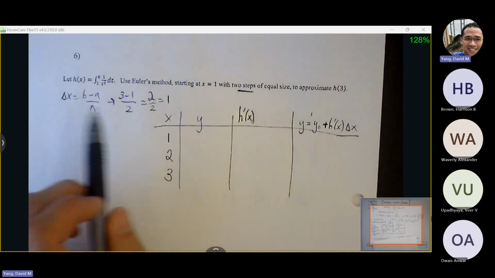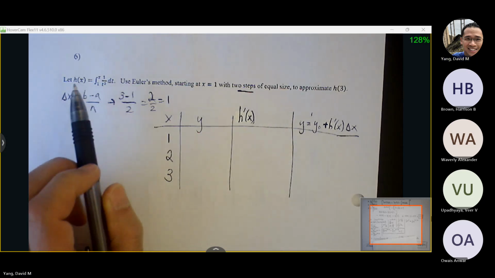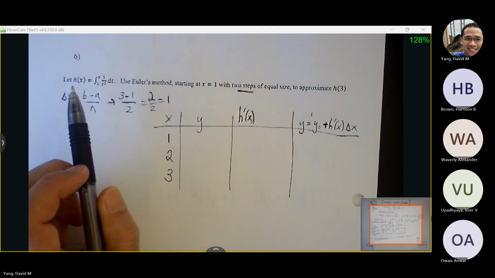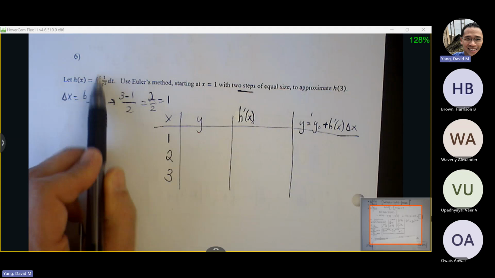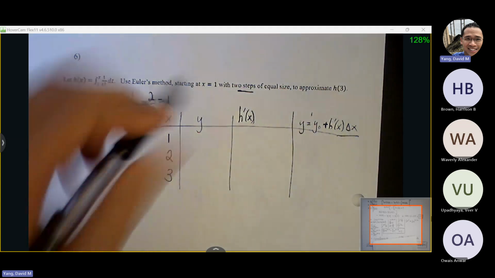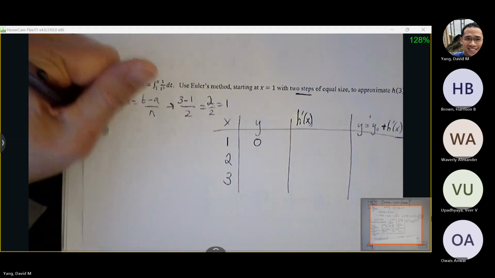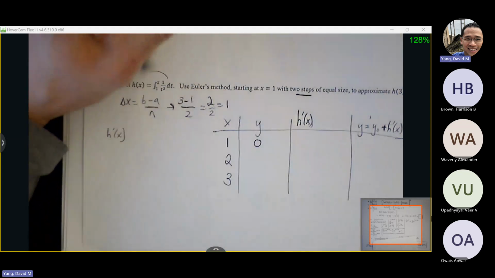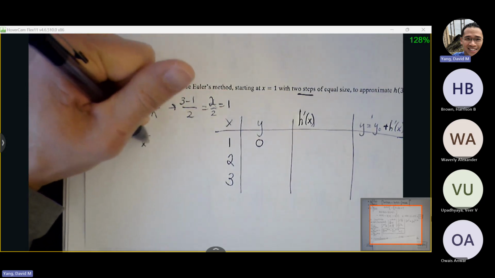So if I plug 1 into the function to get my y value, h of 1 is going to be 0. Right? 1 to 1, my balance is not changing here. So h prime would be the derivative of this, which would just be 1 over x squared, right?